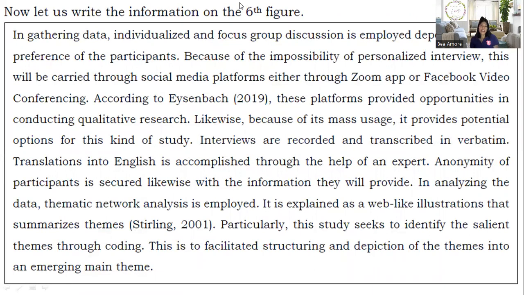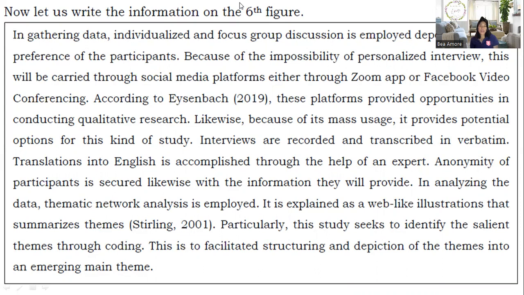In gathering data, individualized and focus group discussion is employed depending on the preference of the participants. Because of the impossibility of personalized interview, this will be carried through social media platforms, either through Zoom app or Facebook video conferencing. According to Eisenbach 2019, these platforms provided opportunities in conducting qualitative research.